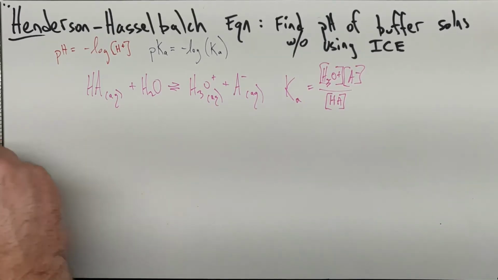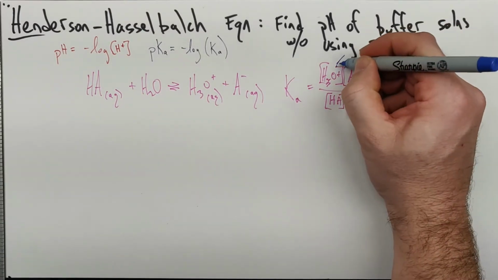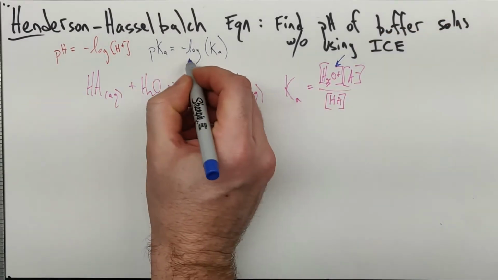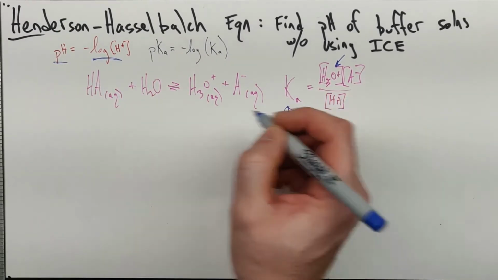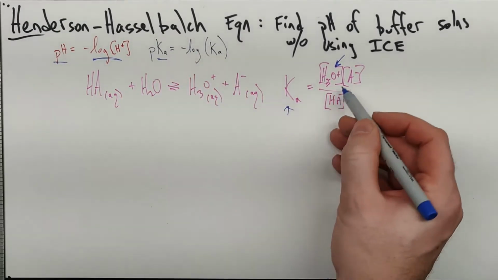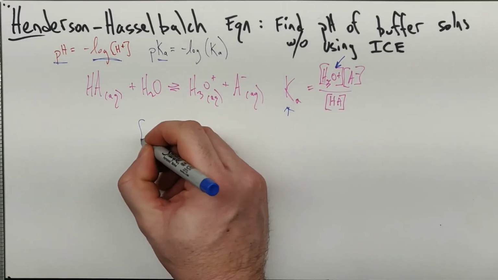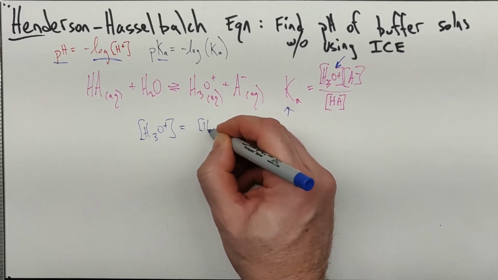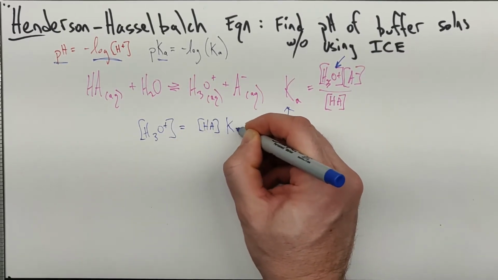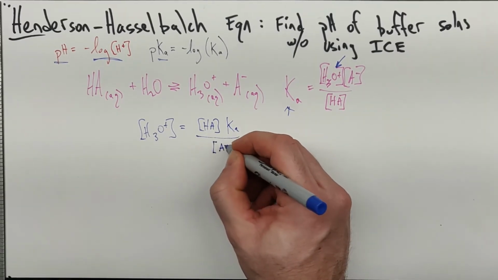Now, if we want to derive this Henderson-Hasselbalch equation, what we need to look at is H3O plus relating this thing right here to this thing right here, the pH, and then relating this to our pKa. Alright, so I'm just going to rearrange this K equation. I'm going to say concentration of H3O plus is going to be equal to concentration of HA times Ka over concentration of A minus.